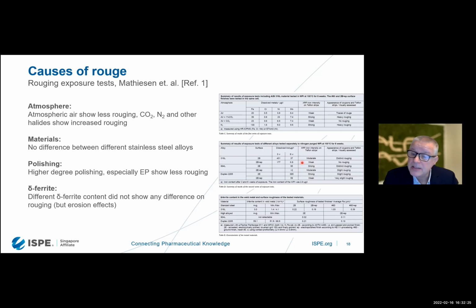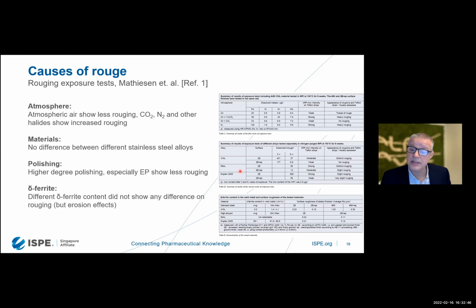But again, it shows that the 316L is as good or maybe even better than the more exotic material. And this gives you an indication that you don't need to go to the more expensive alloy to avoid rouging. It could actually be more difficult to avoid rouging.